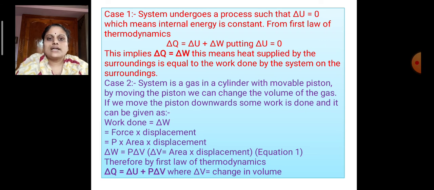Therefore, work done delta W is equal to P delta V, where area into displacement can be replaced by change in volume delta V. Therefore, the first law of thermodynamics can also be written as delta Q is equal to delta U plus P delta V. Here, delta V represents the change in volume.